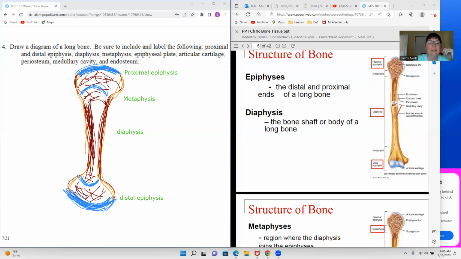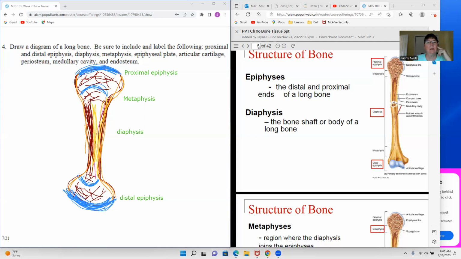Medullary cavity and then endosteum, so I got to get back to orange. Orange doesn't stand out. Pink might stand out. So right along the inside of that.